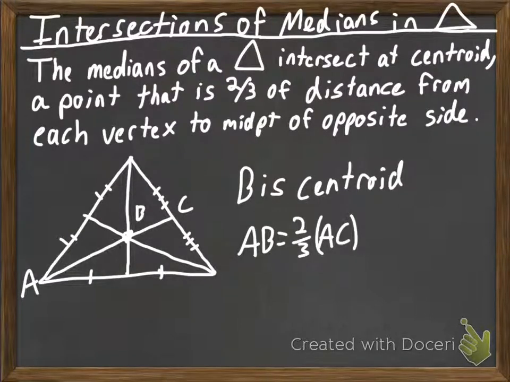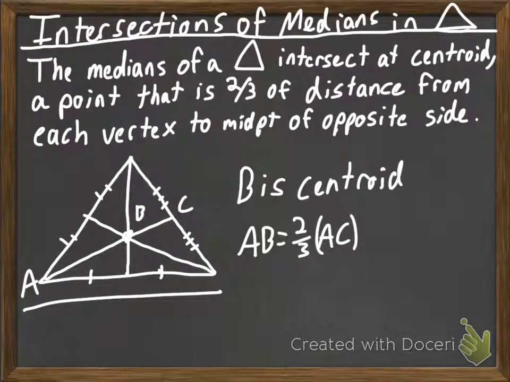So we have an intersection of medians in a triangle theorem. It says that the medians of a triangle intersect at the centroid, a point that is 2/3 of the distance from each vertex to the midpoint of the opposite side. Now to put those words into a picture, we have our 3 medians, and then we're going to specifically look at median AC.